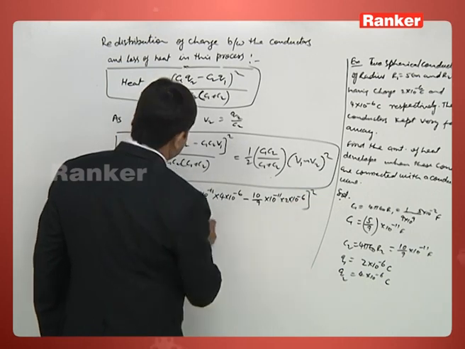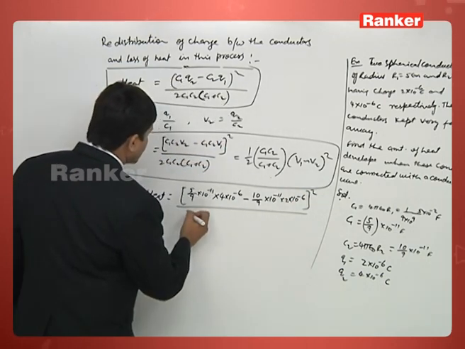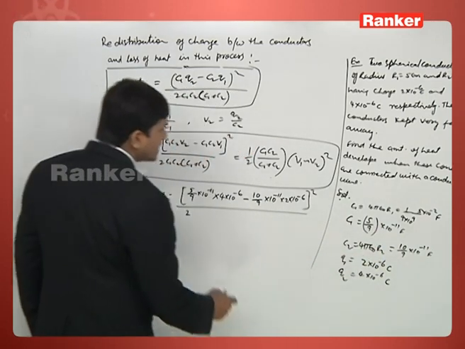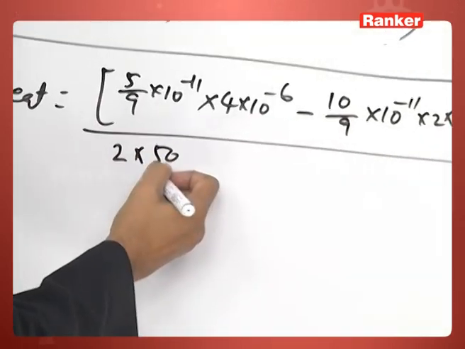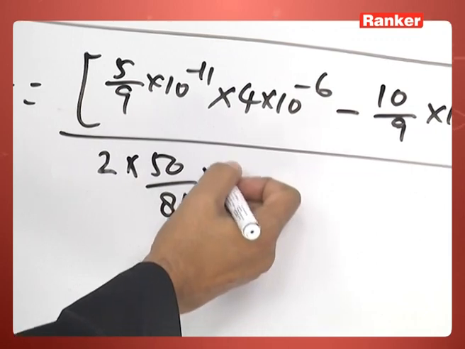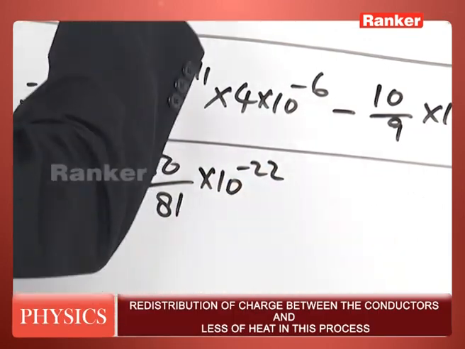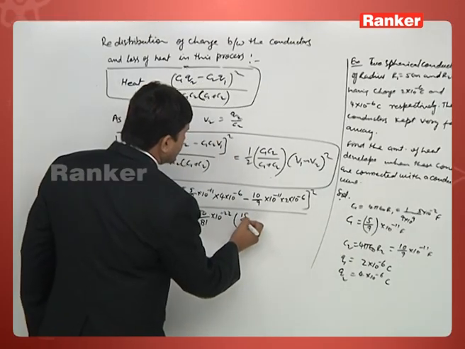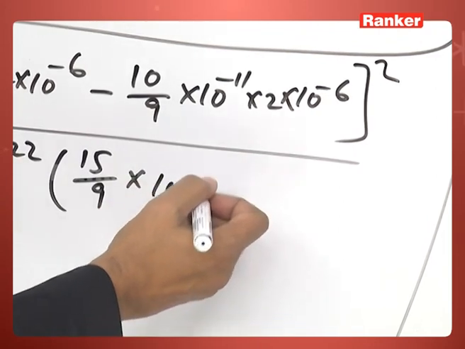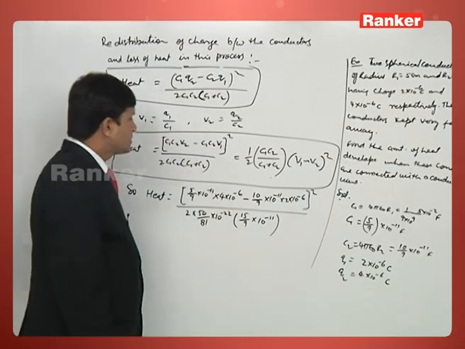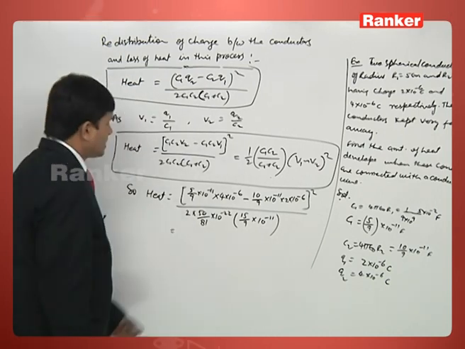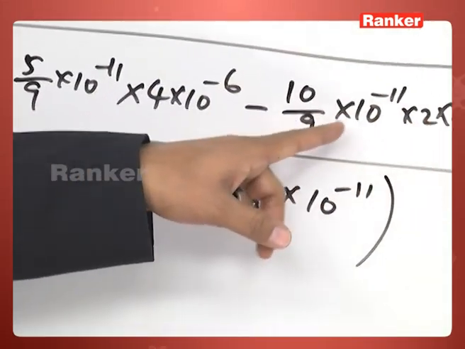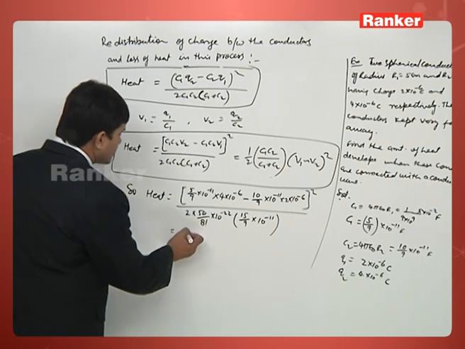C1 C2 will be 50 by 81 into 10 power minus 22, and C1 plus C2 will be 15 by 9 into 10 to the power minus 11. Now simplify this. 5 by 9 into 4 is 20 by 9. This is 10 into 2 by 9, 20 by 9. These two will cancel, so it is 0.